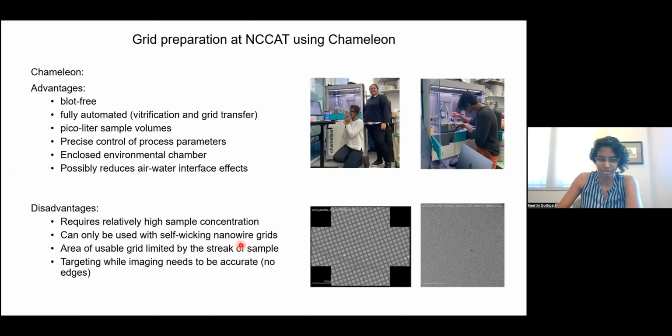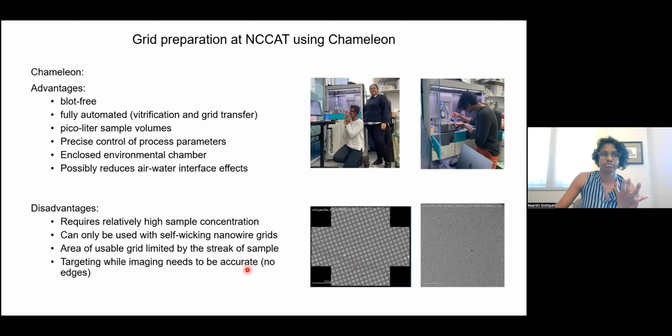So that basically requires a special type of grids. And then the area that you wick onto, or where the sample is present, is basically this streak of sample right here, and you're limited by where the streak falls, and that's the only usable area.